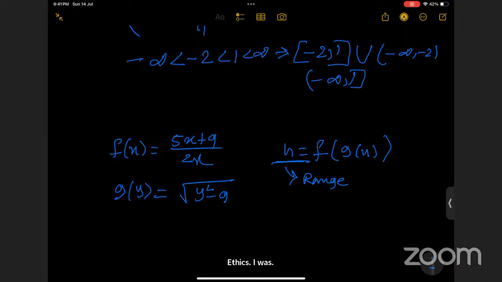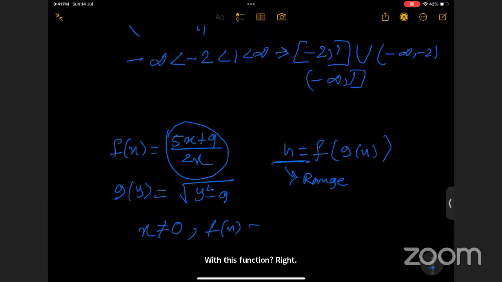So if x is a real number not equal to 0, then there is no problem with this function, right? Any other real number, if x is not equal to 0, we should not have any problem with this function.